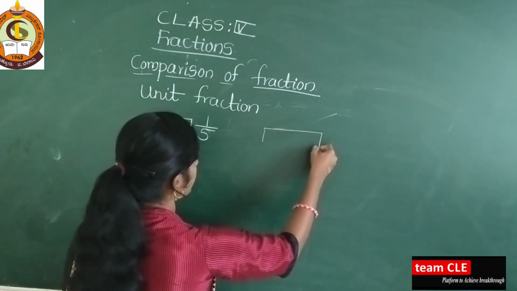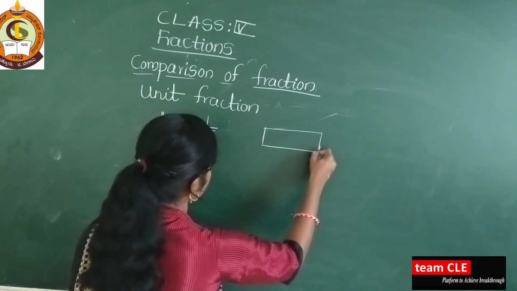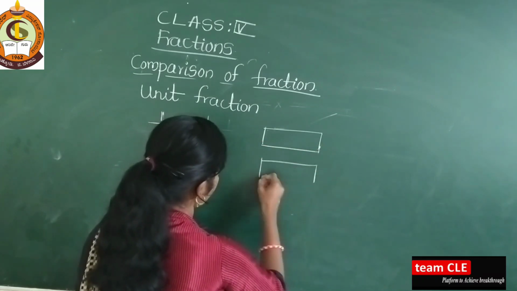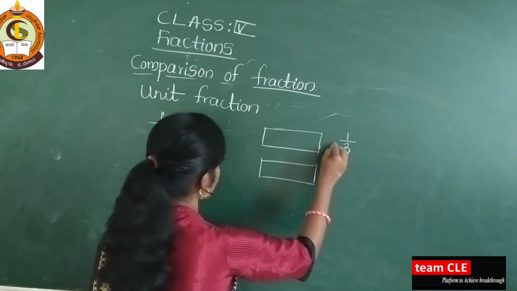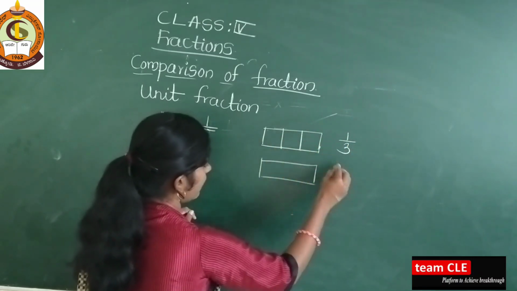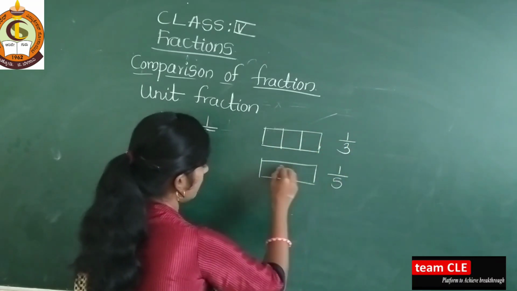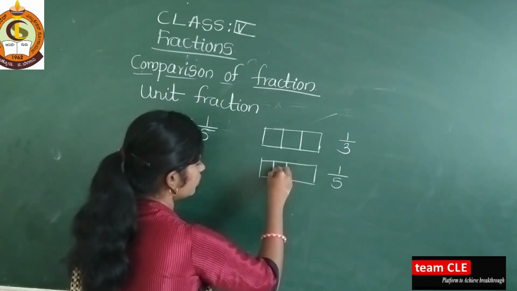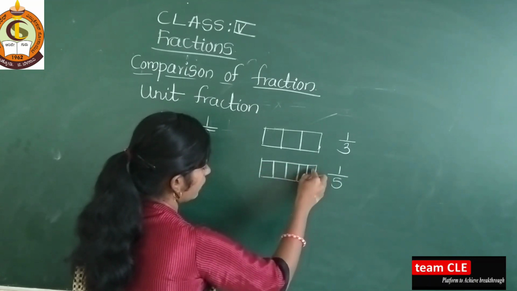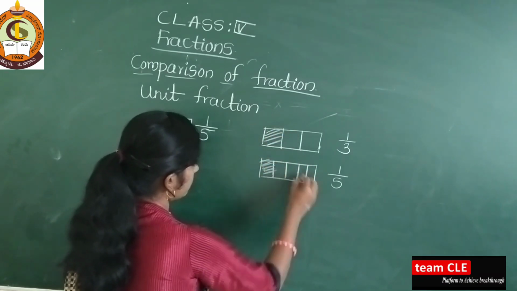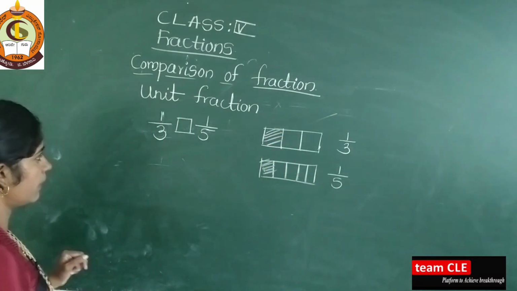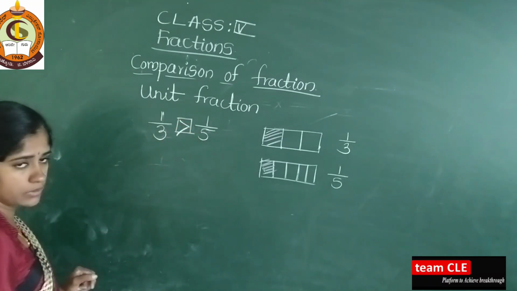Again I will take the same rectangle. 1 by 3 means I will make 3 parts. 1 by 5 means I will make 5 parts: 1, 2, 3, 4, 5. I will shade 1 part in each. Then which looks greater? 1 by 3. So the sign will open this side.